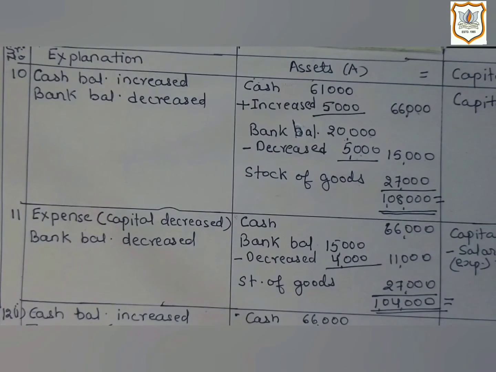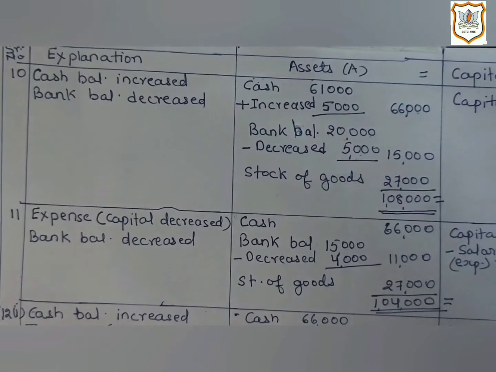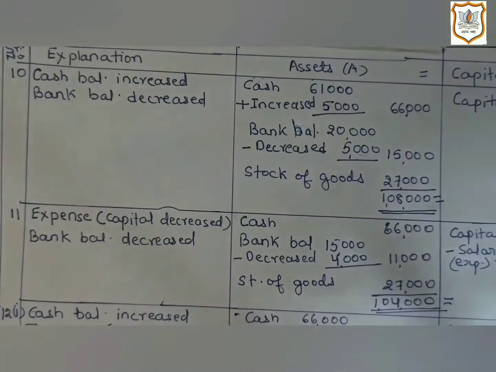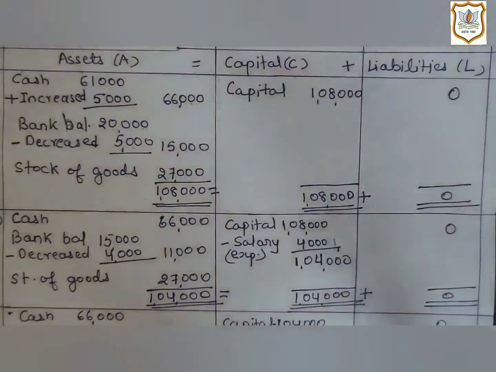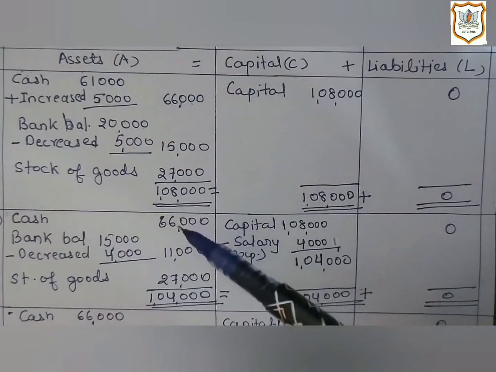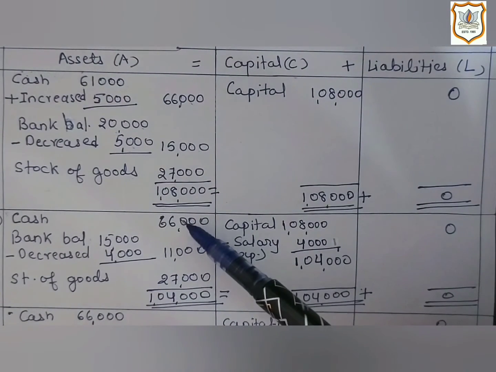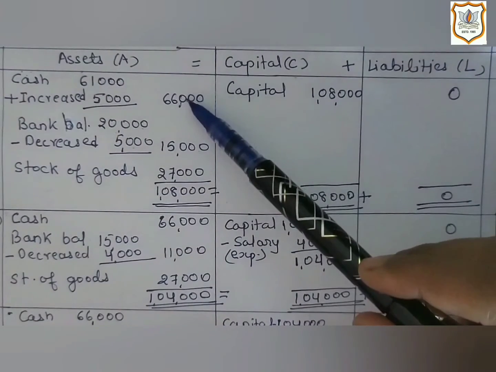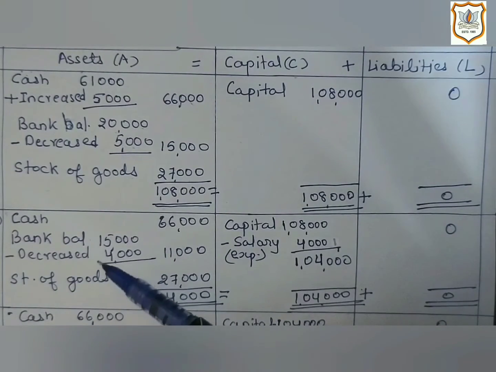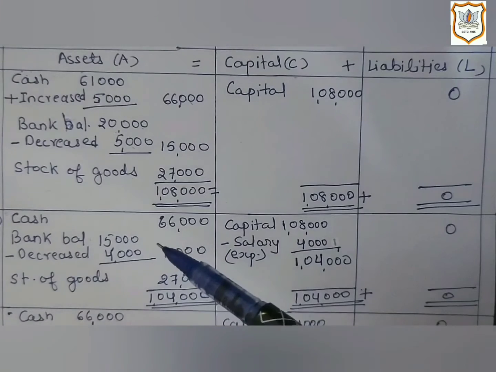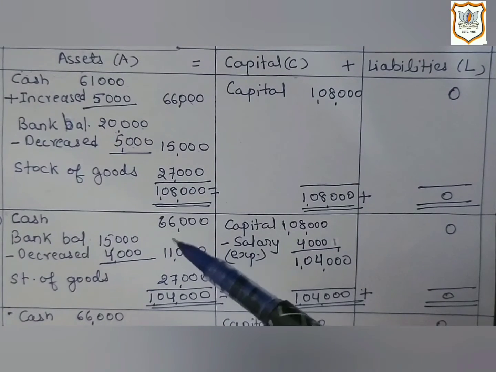Now since we are paying the salary by check, our bank balance is also reducing. Now let us see its impact on the accounting equation. Here the cash balance would remain the same at 66,000 as it was in the previous column, as there is no change; we have paid salary but by check.